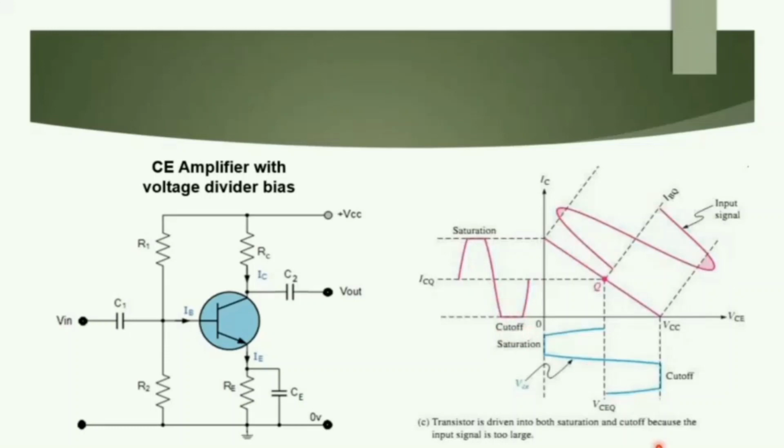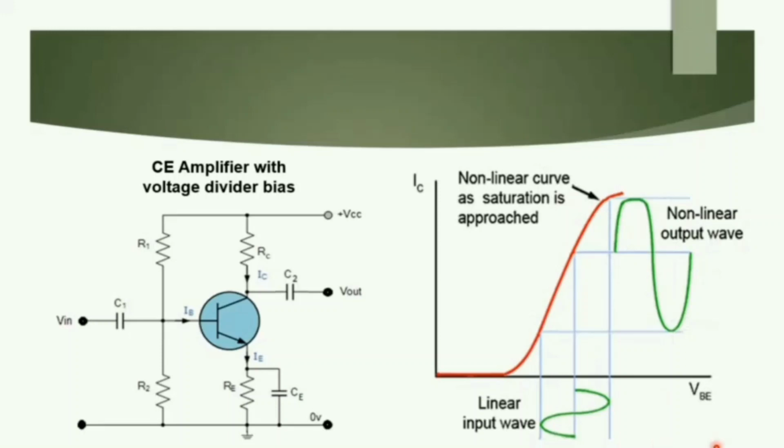In addition to this, distortion still may occur because of the nonlinear characteristics of transistor. As we all know, transistor is a nonlinear device, so the amplification provided by it will be of nonlinear nature, as you can see in this diagram. This phenomenon is called distortion, and this is the first limitation of BJT amplifier.